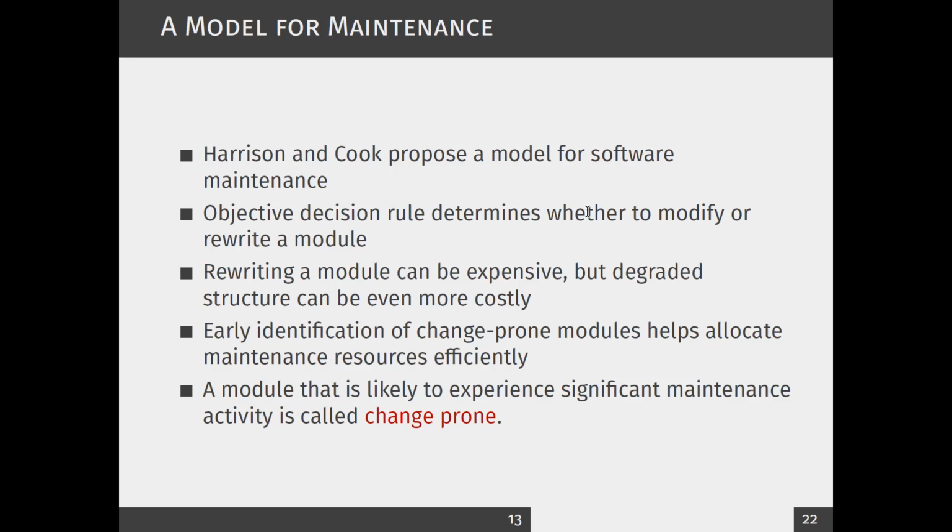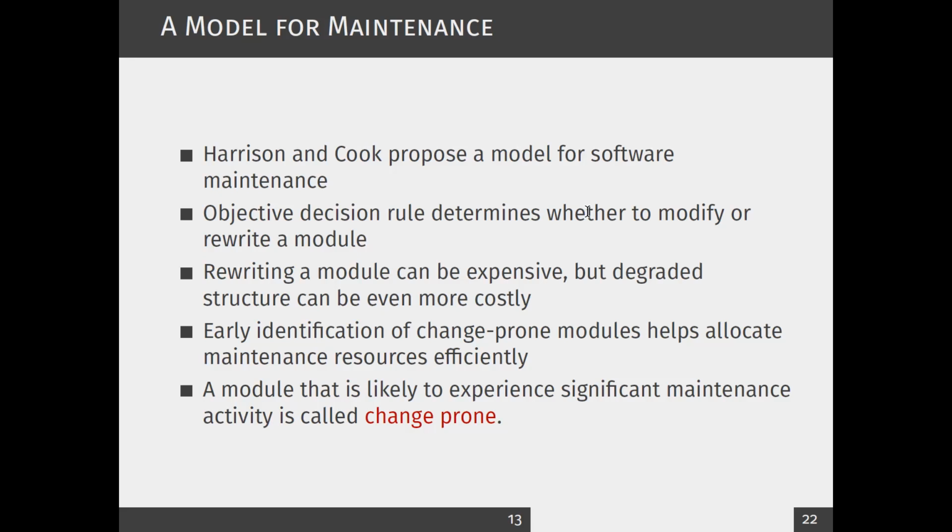What it means is, when a bug comes in, sometimes the easiest way to remove the bug is to modify the code. But sometimes modifying the code will take significant time. So in that case, maybe you have to rewrite the module from the beginning. So this is what we need to decide.